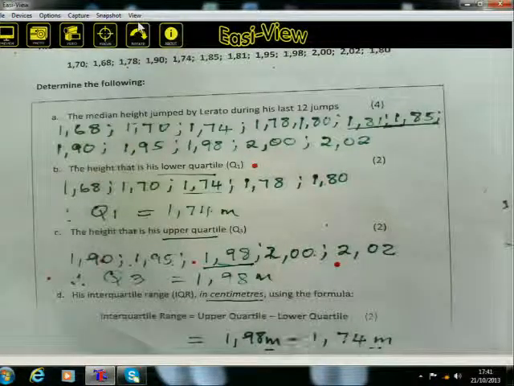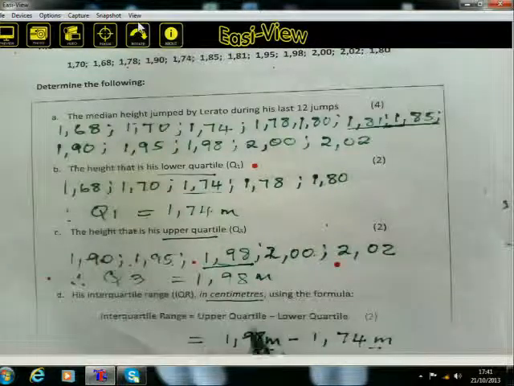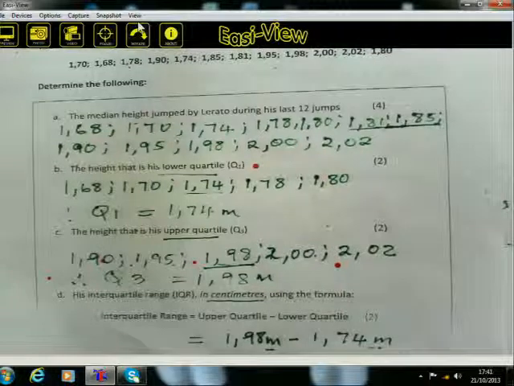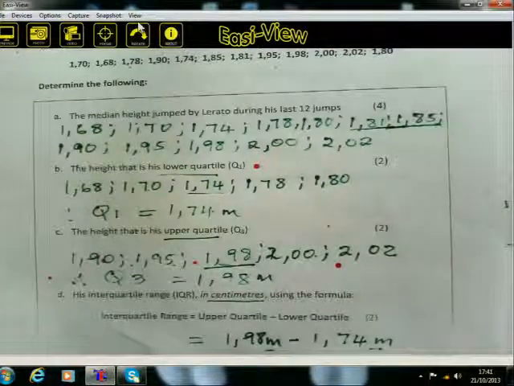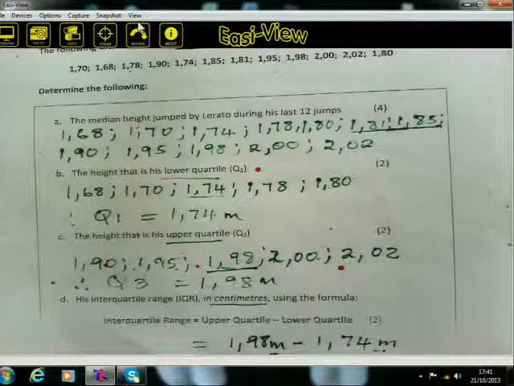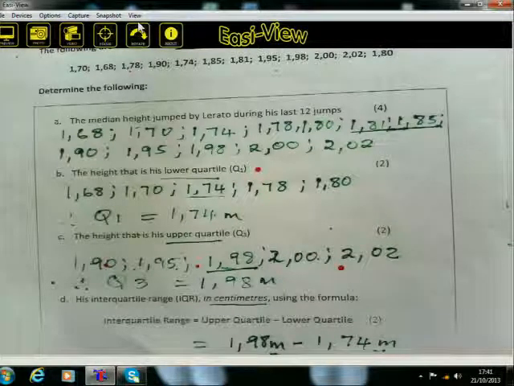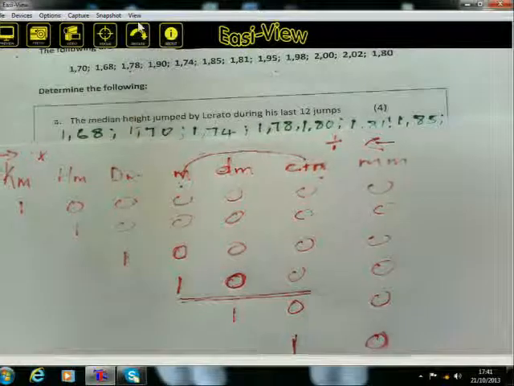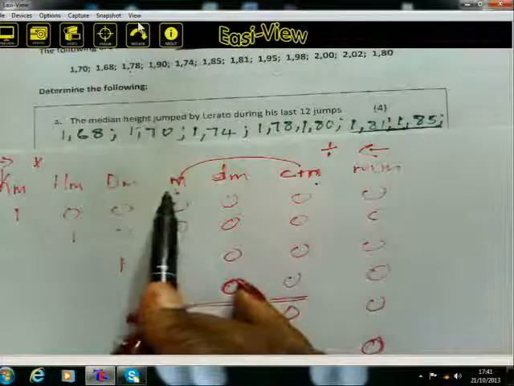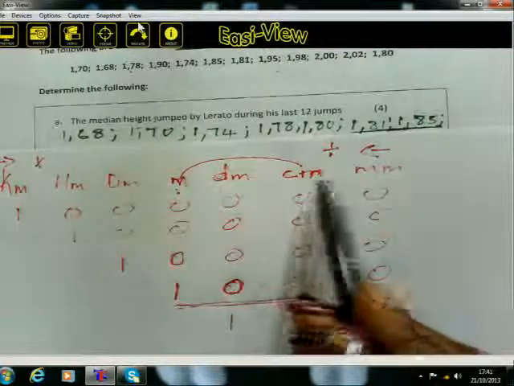So when you minus the upper quartile with the lower quartile, you're going to have 0,24 meter, and then you have to convert meters to centimeters. Remember, we have used this moving from meter to centimeter.